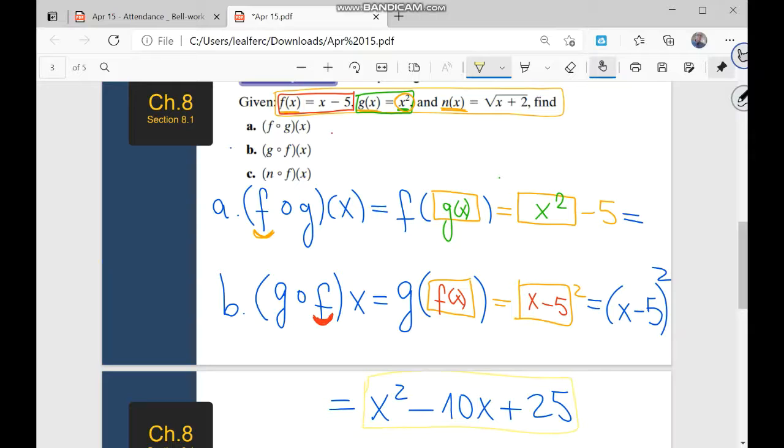But what's important is to think about the variable x as an empty box. Instead of x, you fill in the box with the new function, the function that's being composed. Okay? Do you have a question, anything that you want to ask right now? Or maybe we can move on and practice. What do you think?